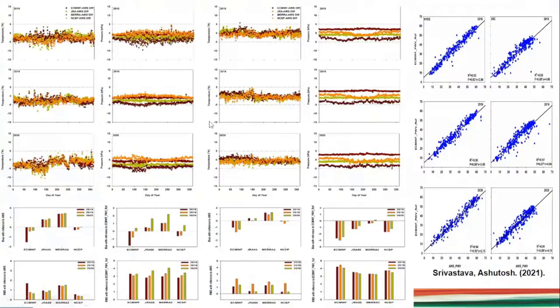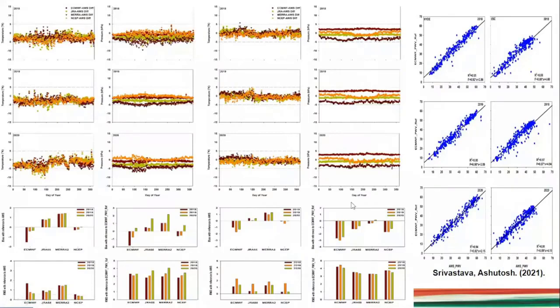Different sources are there, like the Japanese reanalysis data, ECMWF, NCEP, MERRA. These are used, and for the different years 2018, 2019 and 2020, these analyses were performed. They show almost similar observations, and the differences between them are finally only 1 to 2 mm.